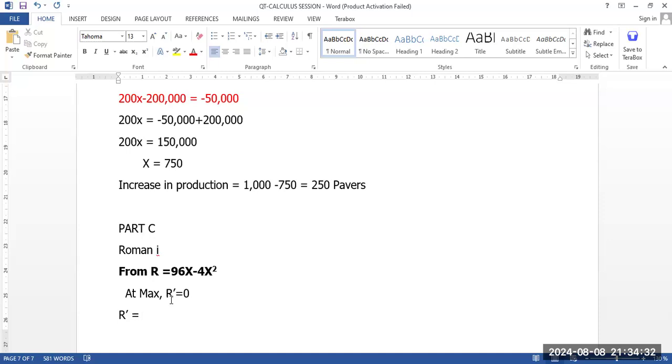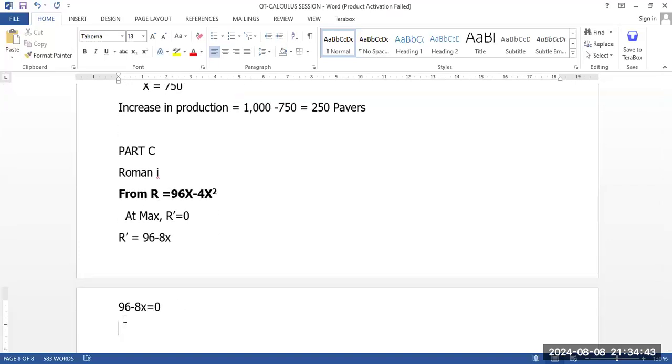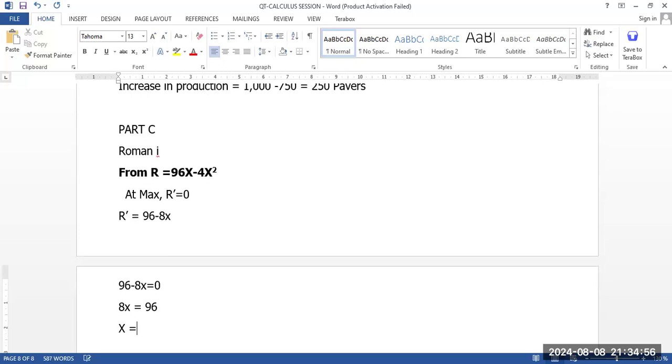Differentiate 96x, 96; 4x squared, 8x. Perfect. But we are saying the first derivative is 0. We put 96 minus 8x is equal to 0, so 8x is equal to 96. So finally, your x is equal to 12.